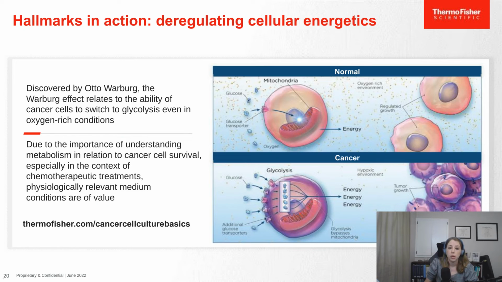The increased glucose uptake of cancer cells is even used in clinical imaging to diagnose cancer and monitor tumor response to therapy. Cancer cell metabolism not only has implications for tumor growth, but also response to anti-cancer drugs, and is therefore very important to model in a physiologically relevant way in vitro.